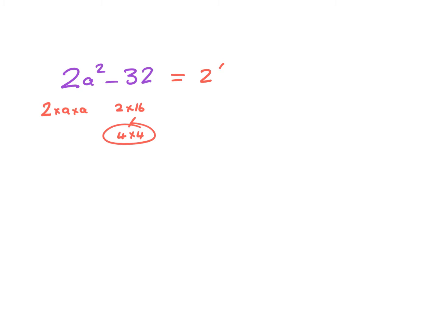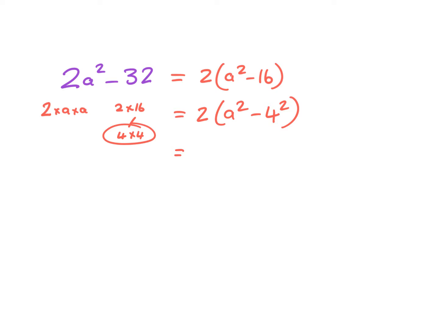I'm going to take my common factor out, and it's going to be a squared minus, and 16 I can have in the bracket. I can now rewrite it as 2(a squared minus 4 squared), because 16 in fact can be written as 4 squared.